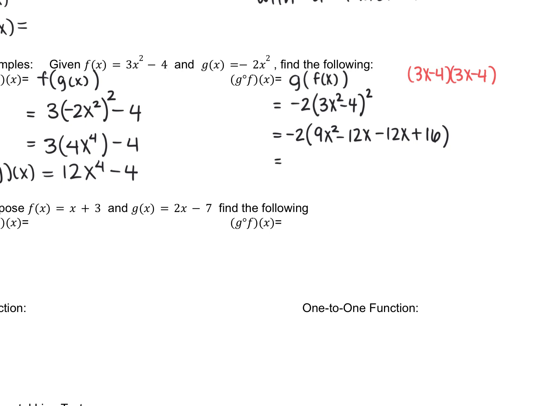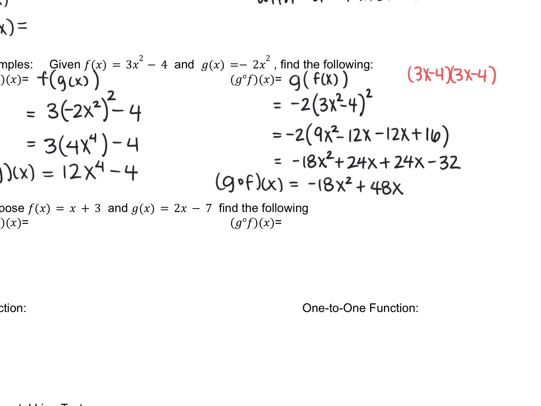I'm going to go ahead and distribute first. So negative 18x to the 4th plus 48x squared minus 32. So g of f of x equals negative 18x to the 4th plus 48x squared minus 32.